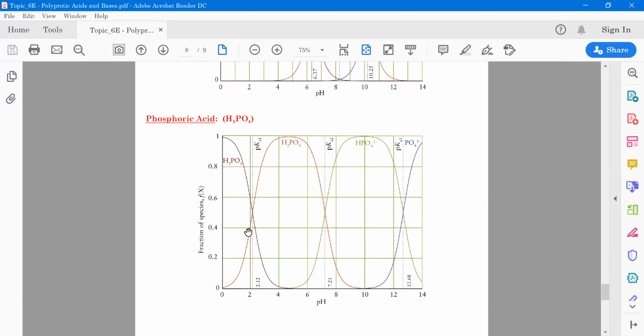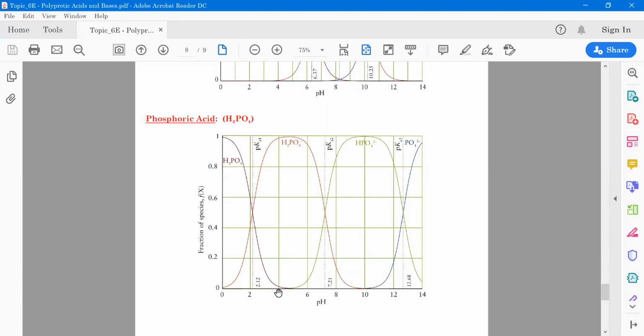As the pH increases by adding sodium hydroxide, the H3PO4 decreases, the H2PO4 minus increases until they are equal at a pH of about 2.12, and that is the pKa1 of phosphoric acid, as we just saw before.